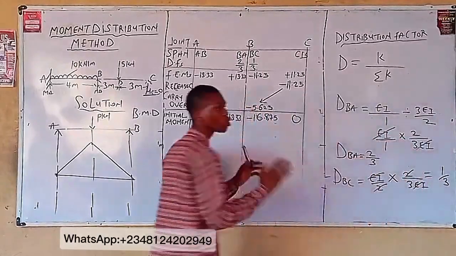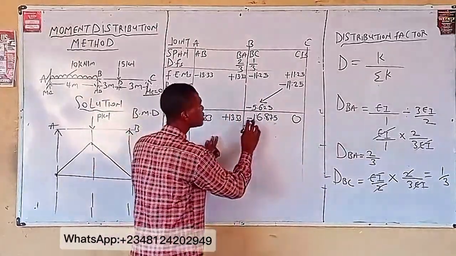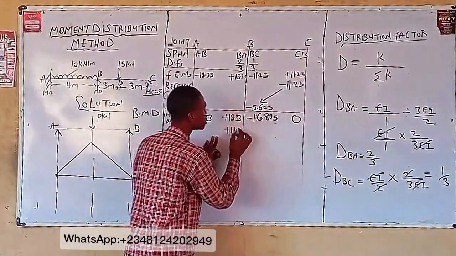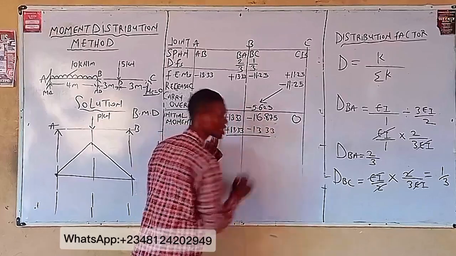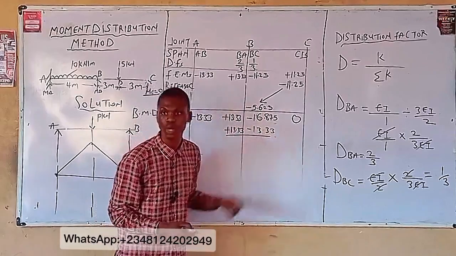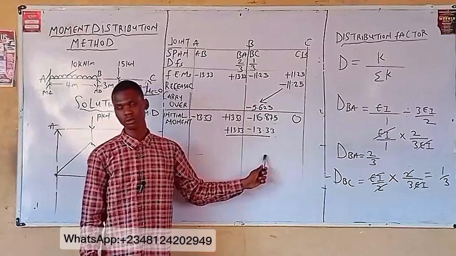0. I want to explain the idea behind excess moment. Instead of this 16.875, let's say I have positive 13.33 and negative 13.33. In this case, no excess moment, because 13.33 minus 13.33 is still 0. Meaning up to this level, you are going to stop.